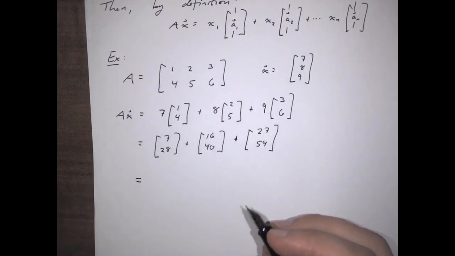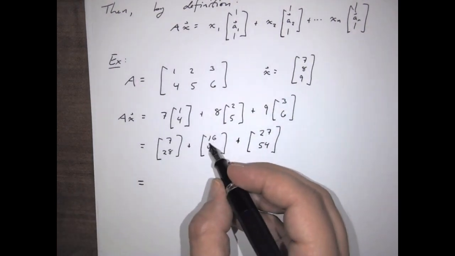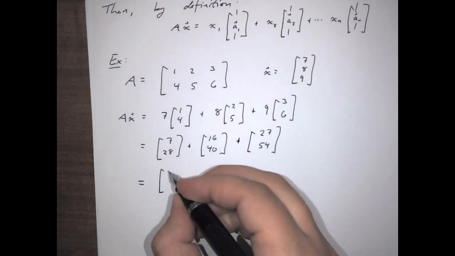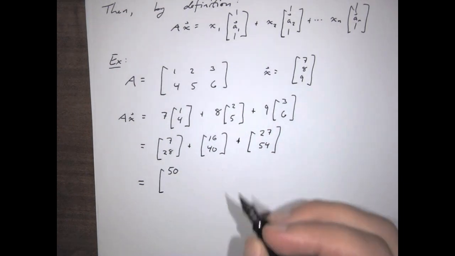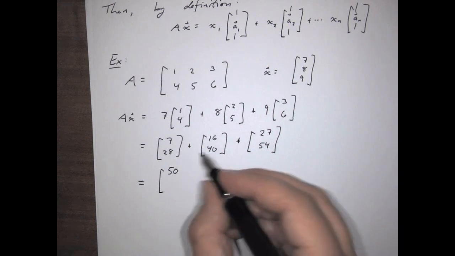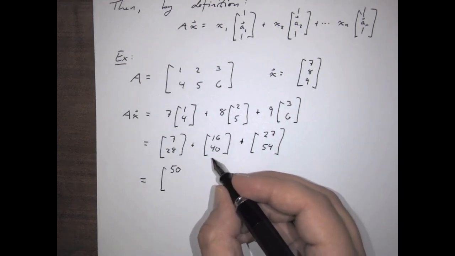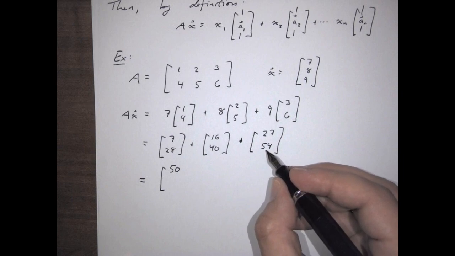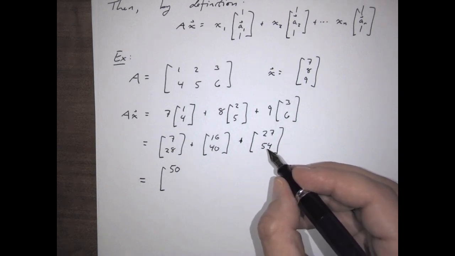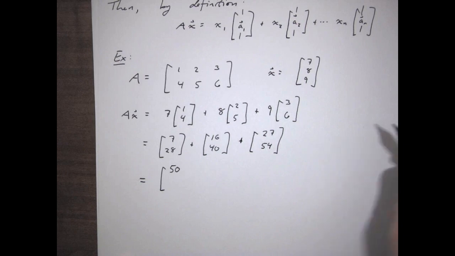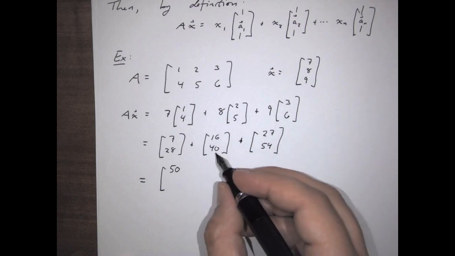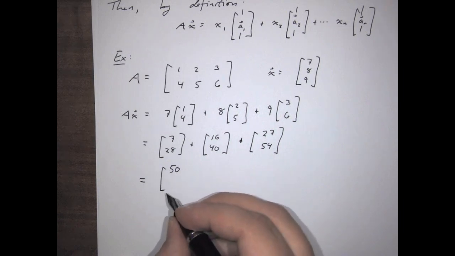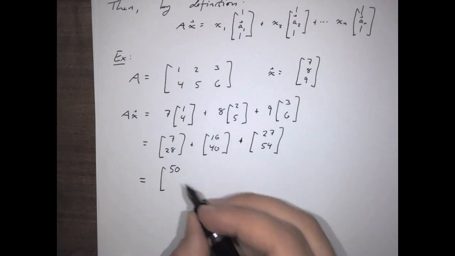So 7 plus 16 is 23, plus 27 is 50, and then 28 plus 40 is 68, plus 54, so it's going to be 122, I believe.